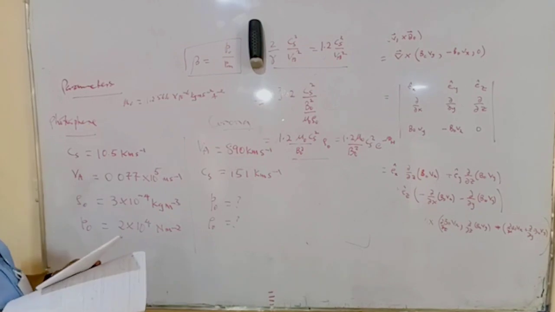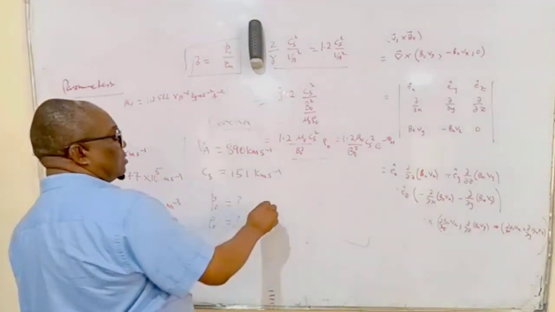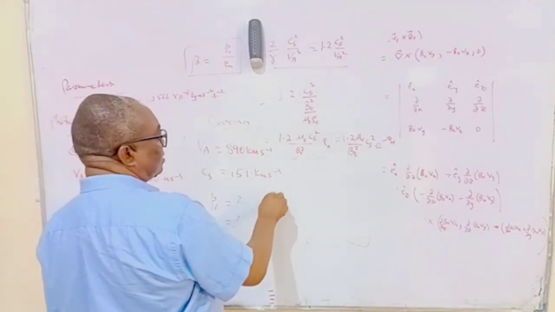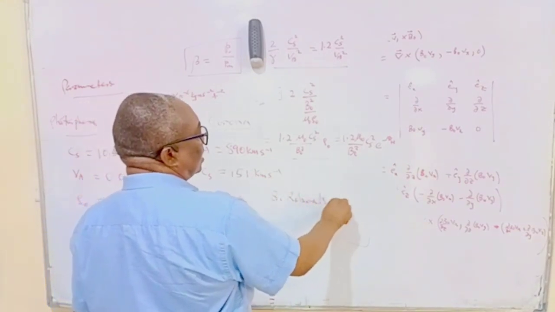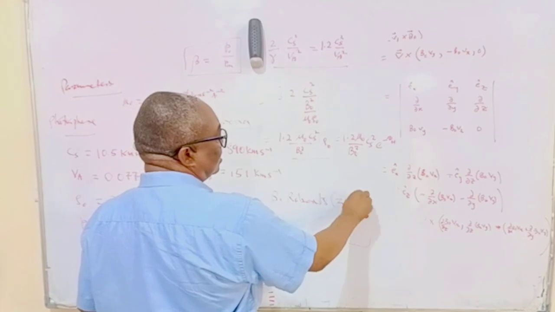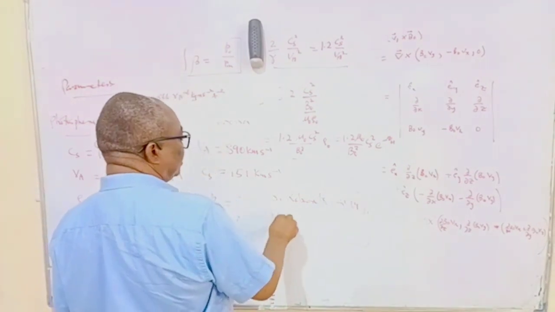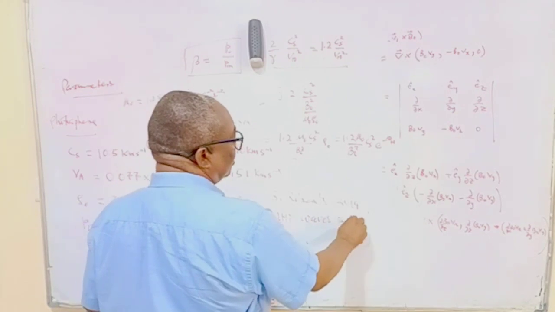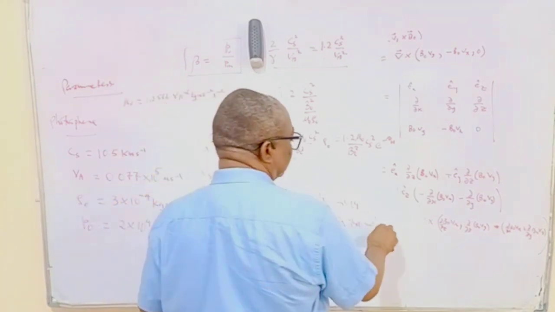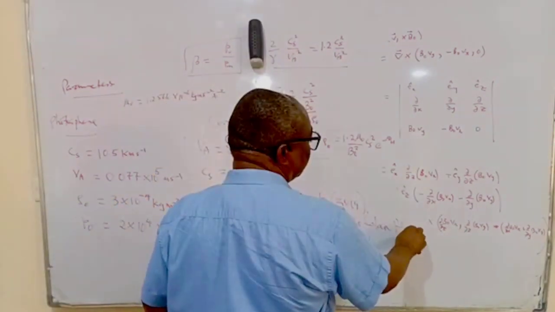But you can pick the values from Bernard Roberts, MHD waves in the solar atmosphere. I've given that book to you people.